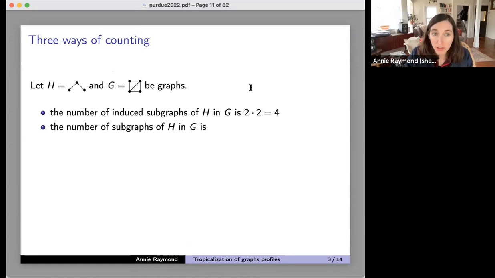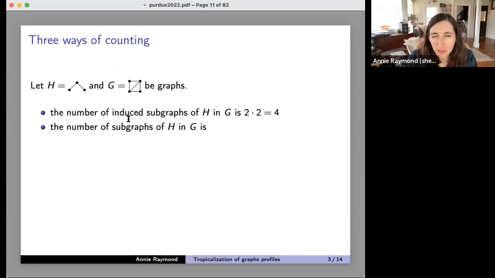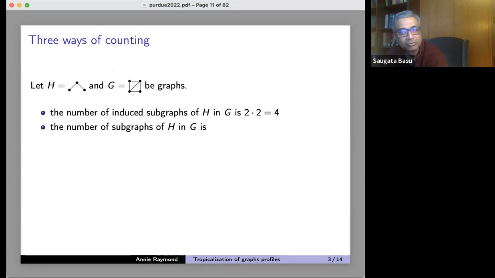The four previous choices are still there, but I can also have that my non-edge can go to an edge, right? So any guesses on what the total will be in this case? So there are four more at least.